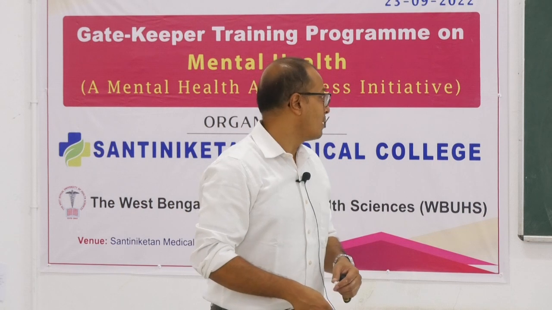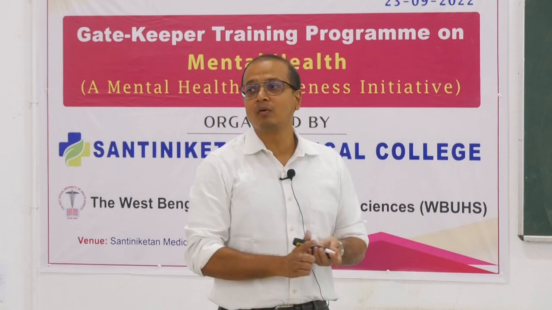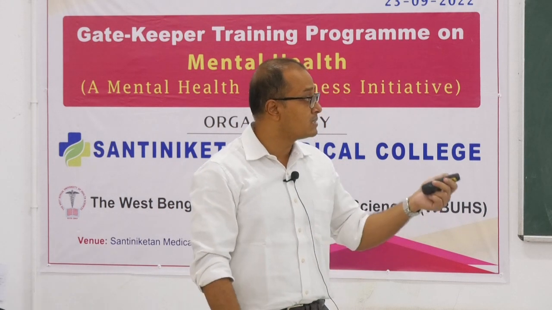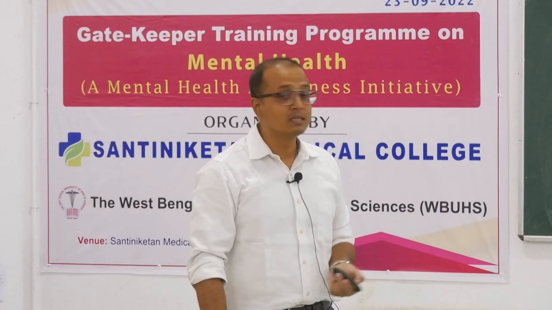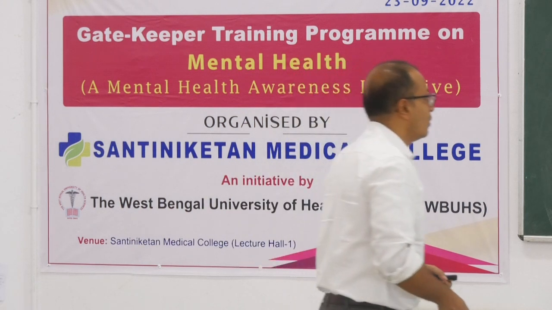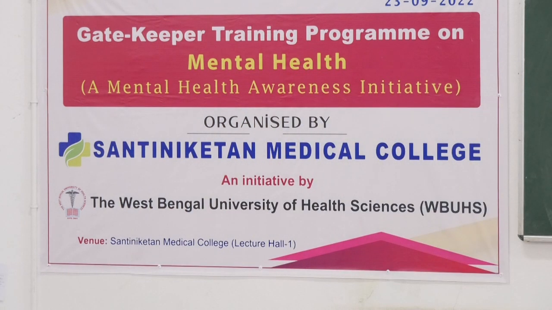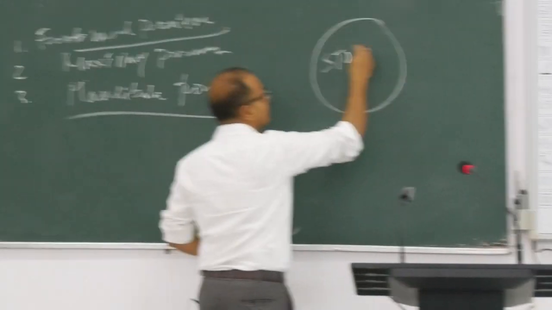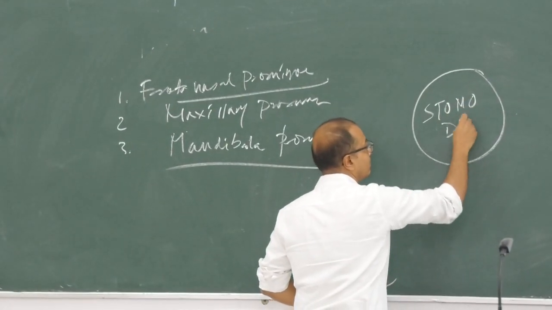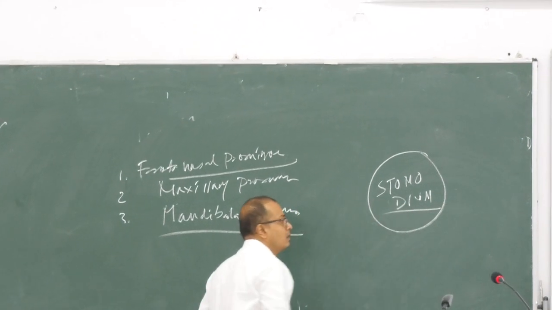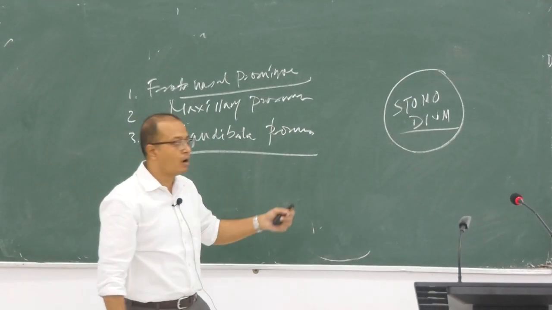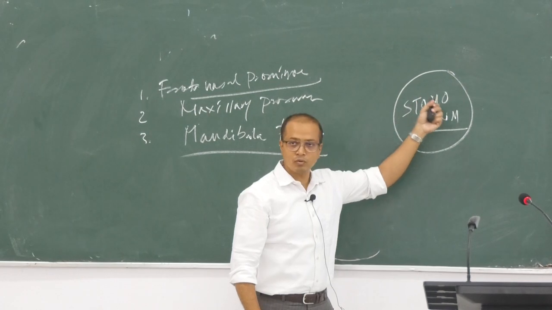Now, we call this prominence the frontonasal prominence, which is present in the front, in the midline. We have a future mouth region, which you can see in this picture shaded with the dark region. This future mouth region, shaded in the midline, we call the stomodeum. The stomodeum is the future mouth, which is going to develop into the mouth or oral cavity.